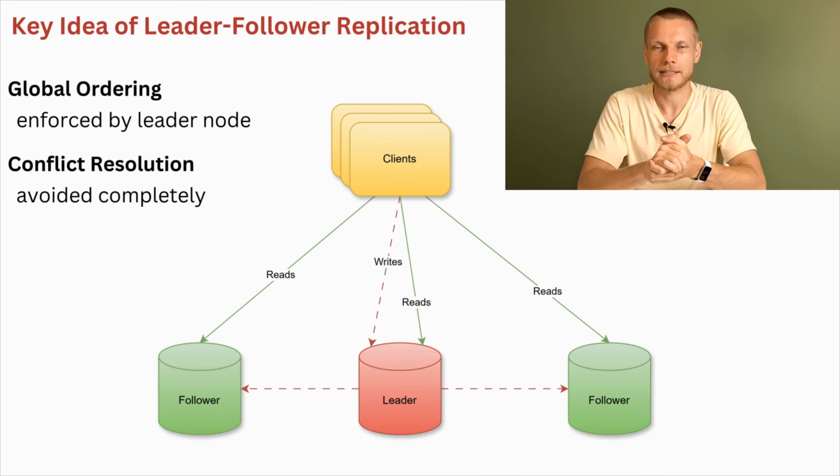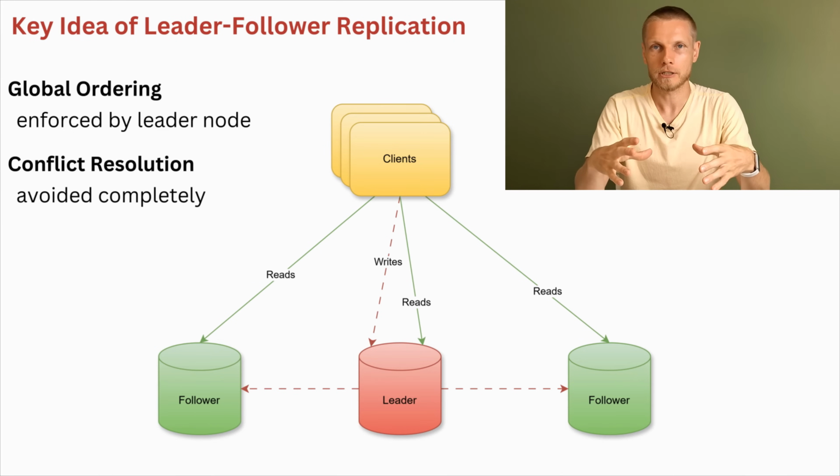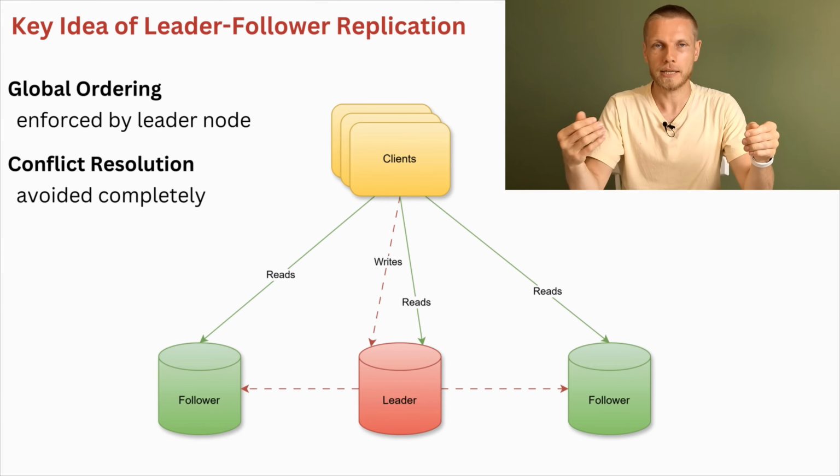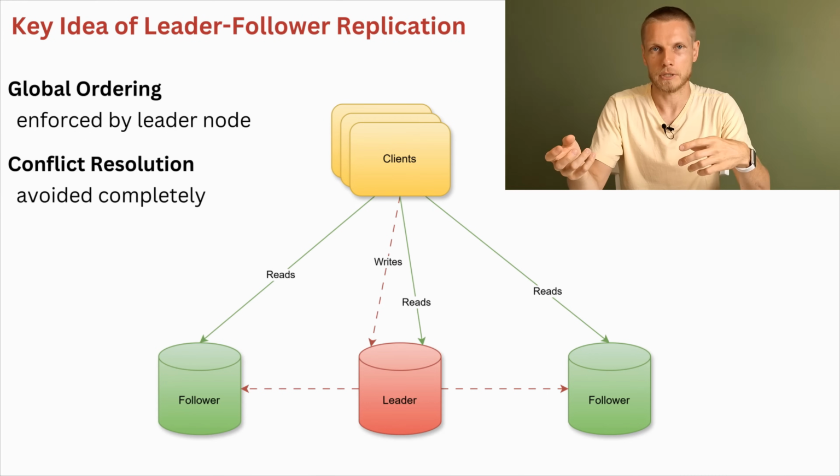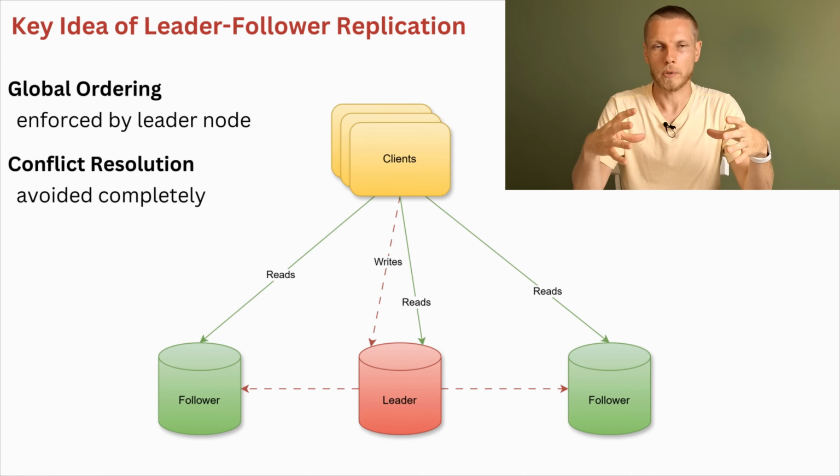When a client sends a write request to the leader, the leader is responsible for distributing it to all followers. And then for read queries, the client can use either the leader or followers. If the client uses the leader, then we have strict consistency.